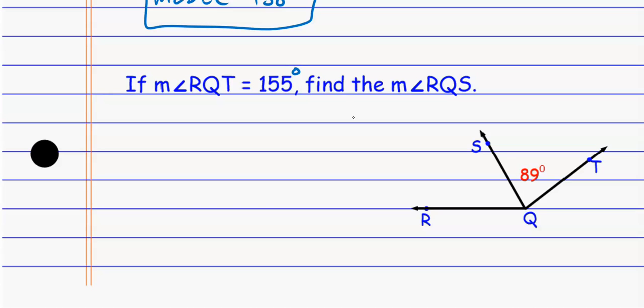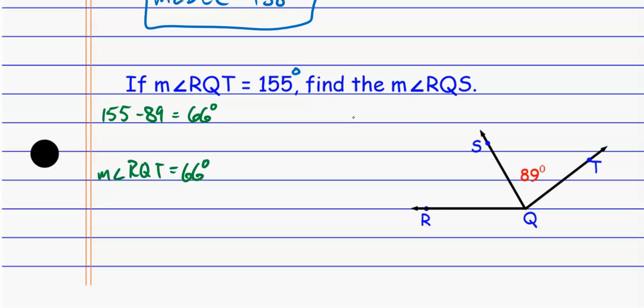Maybe you're going to come off to the side and say, 155, that's the whole thing, minus the 89 should give me the other small piece that I'm left with. If you want to do that and just take it off to the side, that's okay. That's 66 degrees. So I'd say the measure of angle RQS is 66 degrees.